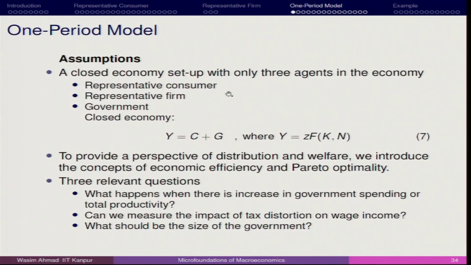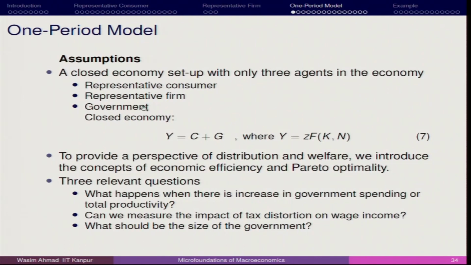This is the ultimate objective of this course that we are trying to understand, apart from the IS-LM framework that we always follow, and certain production systems or economic growth theories that we have to understand in the macro setup. Now, a closed economy setup with only three agents in the economy: the representative consumer, the representative firm and the government.